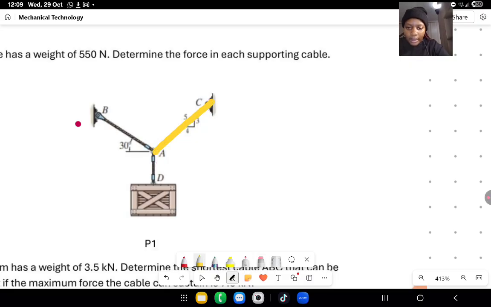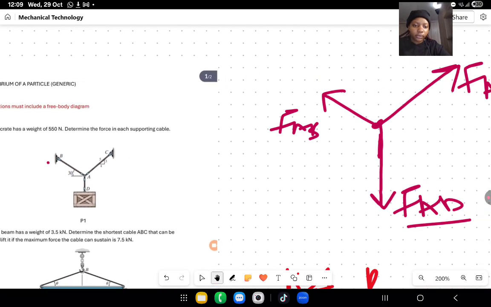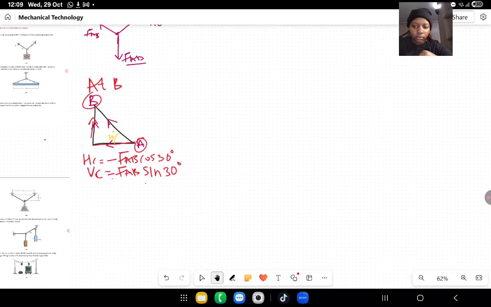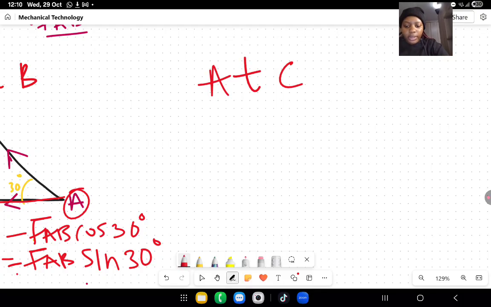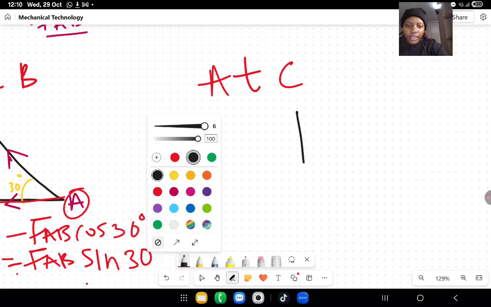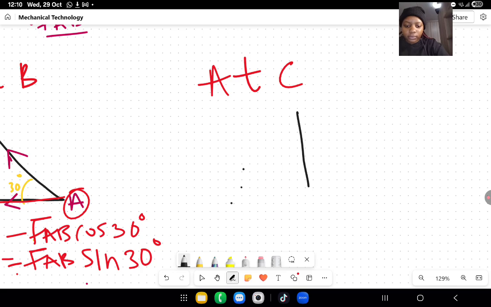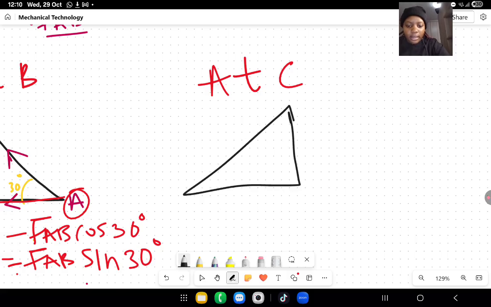We will draw this triangle aside so that we can all understand, and also draw the inside triangle for C. At C, we will be having a triangle like this. Then this is our C, this is our A.